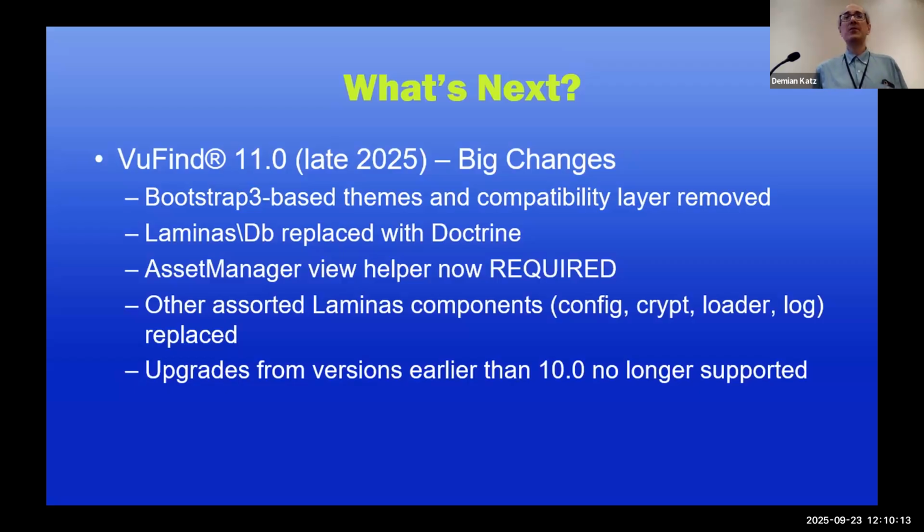And this means that we could finally stop maintaining code that we've been maintaining for more than a decade that would allow you to upgrade directly from VuFind 1.0 to the latest version. I mean, that was cool, but I hope no one's planning to do that. So 10 is the new baseline. And we'll try to keep our changes more small and incremental to the greatest degree possible going forward.